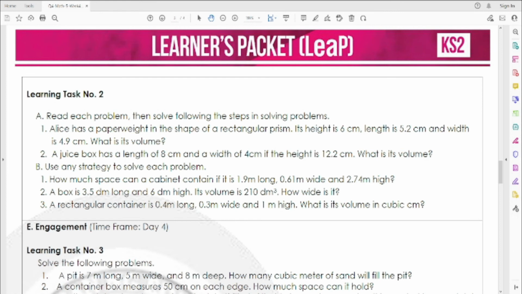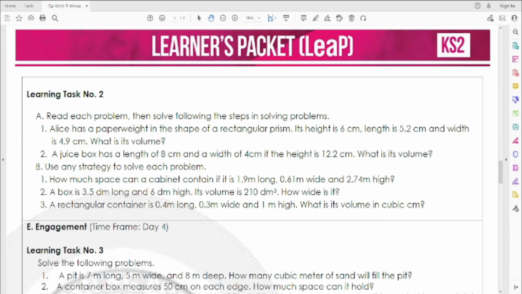Its volume is 210 cubic decimeter. How wide is it? So you're looking for the width. You have your length, you have your height, and you have no width. Width is the one that you are looking for, and you have 210 cubic decimeter for the volume.